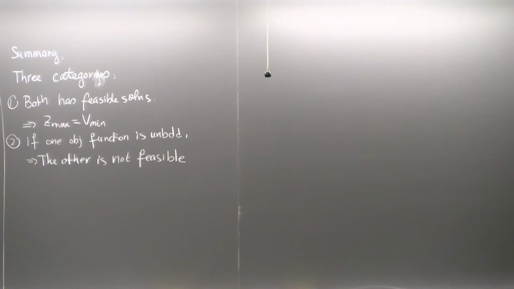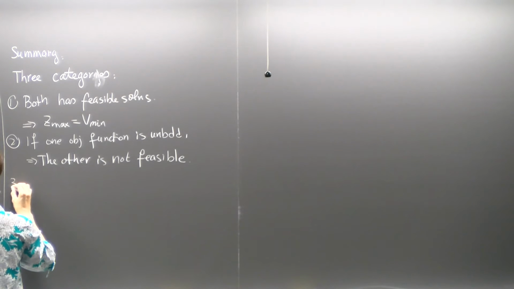Is that okay? So if the max problem doesn't have an upper bound, z could go to infinity, then you know the min problem won't even have any feasible solution. Okay. So the other way around will be if the min problem's objective function is unbounded below, it can go to negative infinity, and then the max problem would not even have any feasible solution. Okay. So that's in this case.